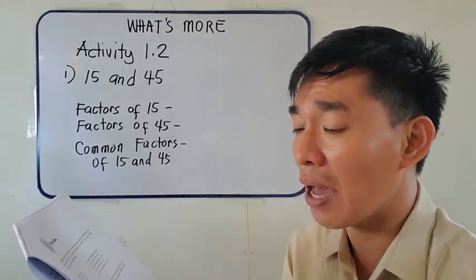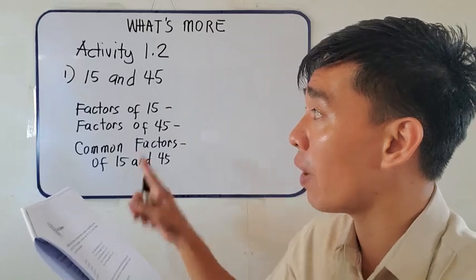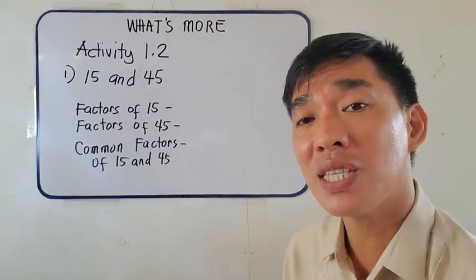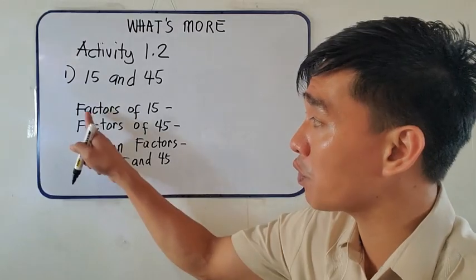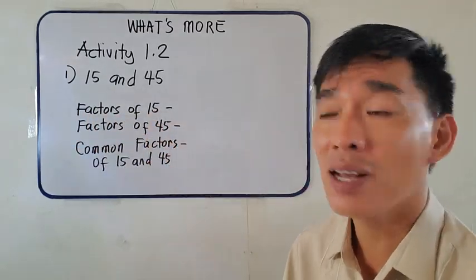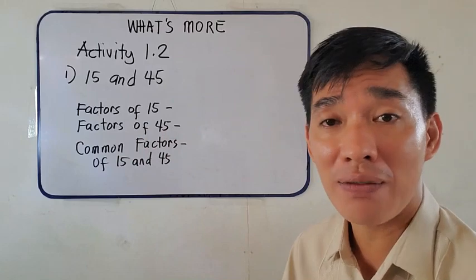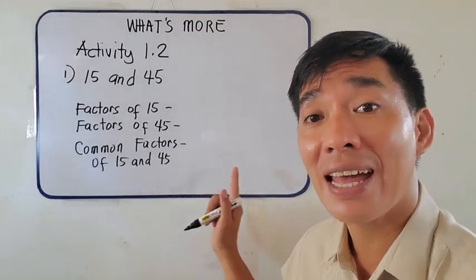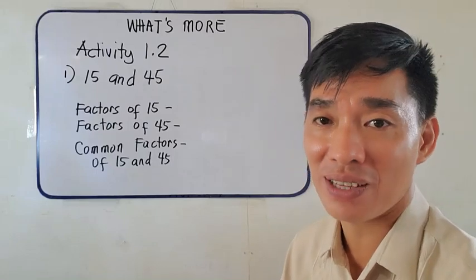Let me answer item number 1, which is 15 and 45. The first thing that you have to do is to look for the factors of 15, look for the factors of 45. Then after that, you have to encircle their common factors and list them down.